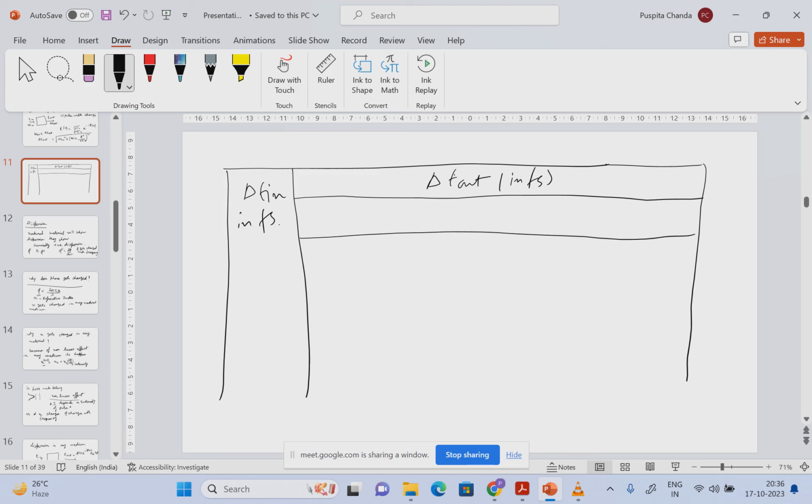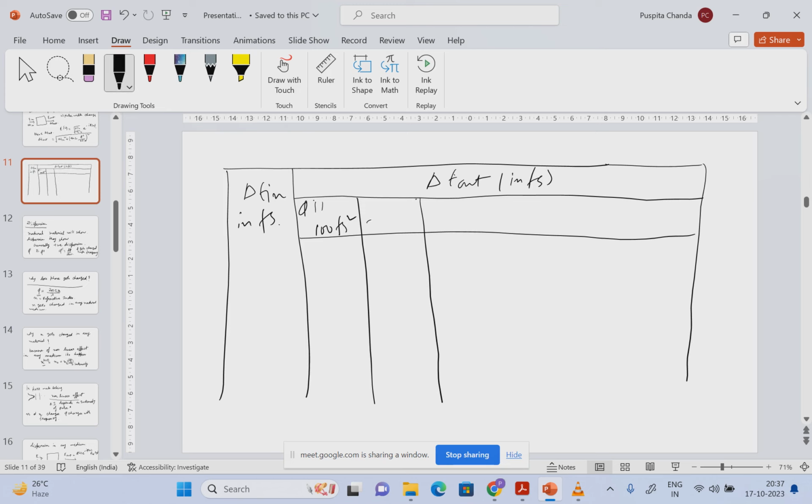And when phi double dash is equal to 100 femtosecond square. So the group delay dispersion is in the unit of femtosecond square, but delta T is in femtoseconds.